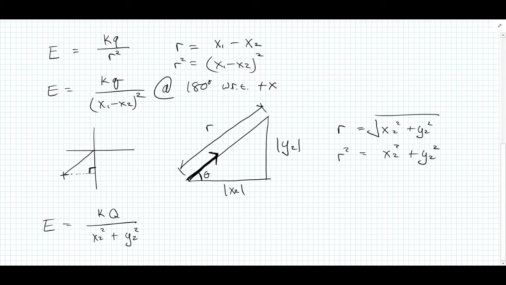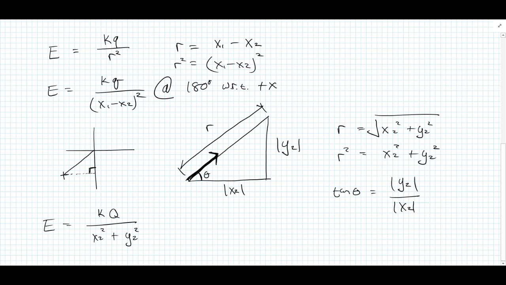Now, because those two sides are of equal length, I know that this angle is going to be 45 degrees. But let's just assume that we want to calculate this in general in case x2 and y2 change for some reason. The way that I would go about calculating that angle is I would write down that tangent of that angle is equal to the ratio of the opposite side over the adjacent side.